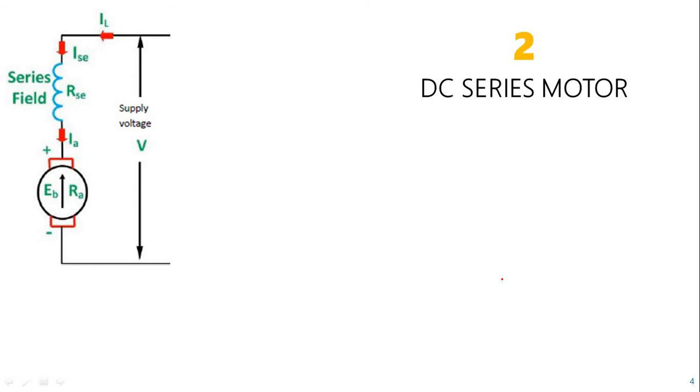In a series motor, the current flowing through the line is the same as the current through the series field winding and the armature winding, so all the currents are the same. We can write IL equals IS equals IA. If you want, for your information, you can write this as I.